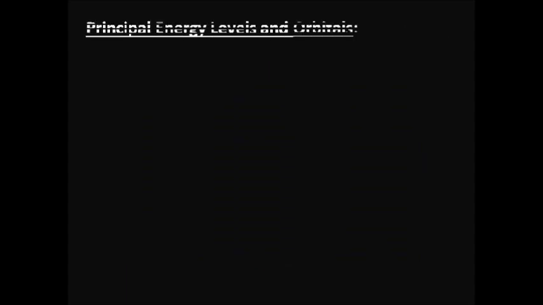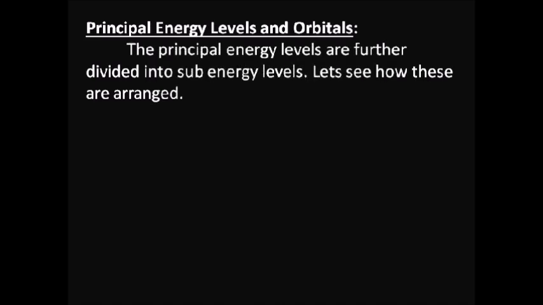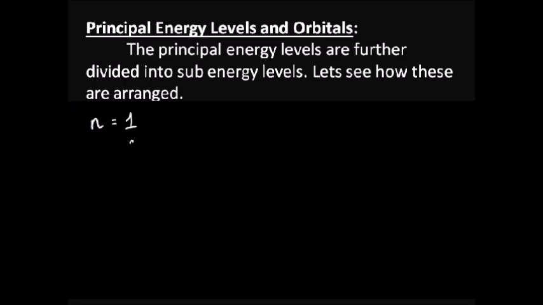Principal energy levels and orbitals. The principal energy levels are further divided into sub-energy levels, like n equal to 1, 2, 3, 4, 5, 6 and 7.